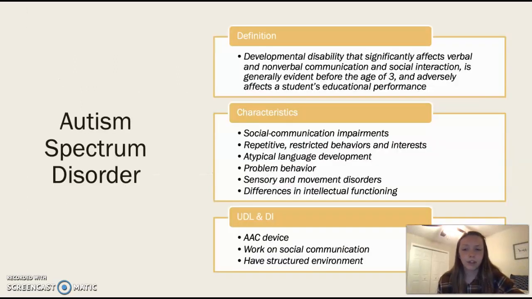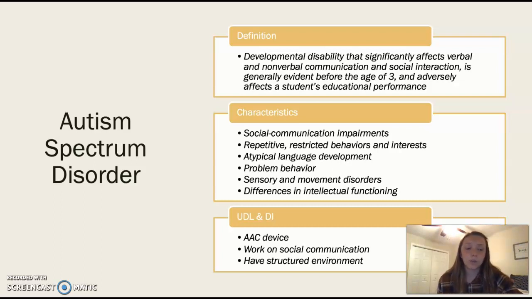Next is autism spectrum disorder. The definition is a developmental disability that significantly affects verbal and nonverbal communication and social interaction, is generally evident before the age of 3, and adversely affects a student's educational performance. Some characteristics I have listed.